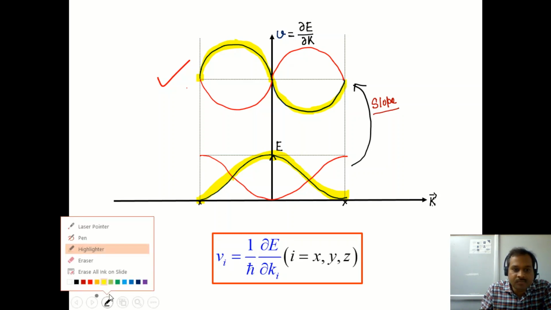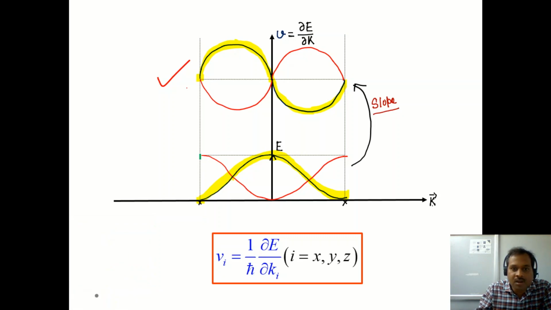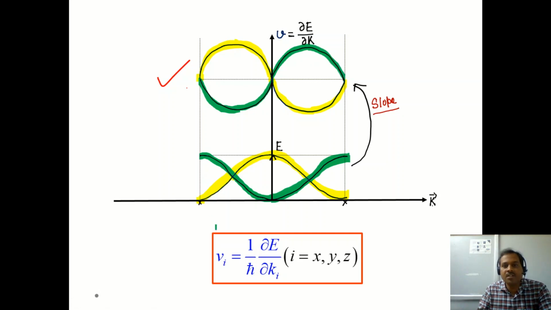Similarly, for the other curve we can see the slope is negative, becoming negative maximum at this point, and then again it is becoming 0. After that it is becoming positive maximum at this point, and then again it is reducing and becoming 0 at the zone boundary.